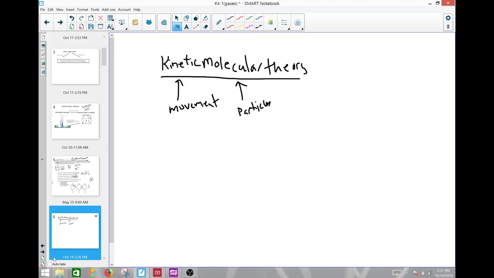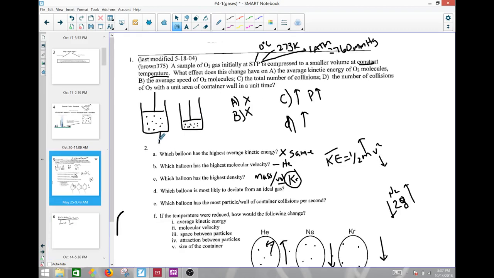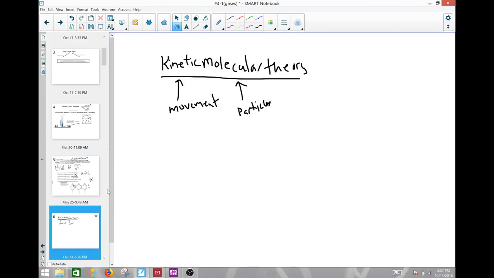Okay, so a couple things you might want to note about this. One, they are traveling very fast. Number two, they are very far apart. There are a couple other little wrinkles to this particular thing, but these are the main two.